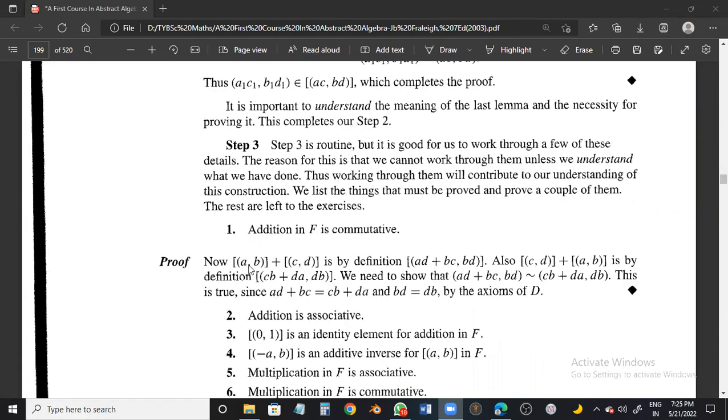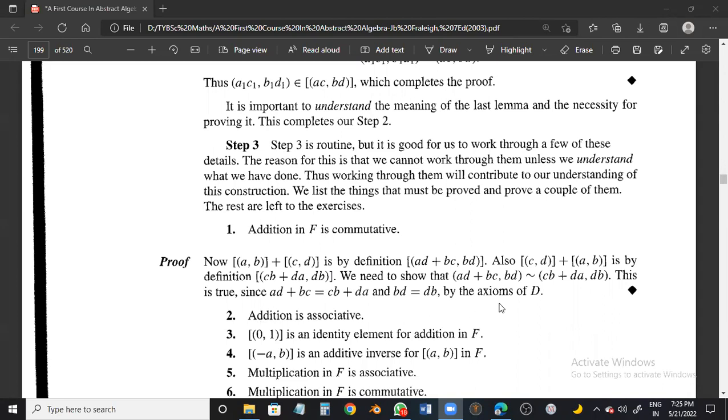You add two equivalence classes, then it is of this pattern. If you go the reverse way, you get the same kind of thing, and that is why this operation is a commutative operation. I feel you know this very well. AD plus BC is the same as CB plus DA, and BD is equal to DB. Why?